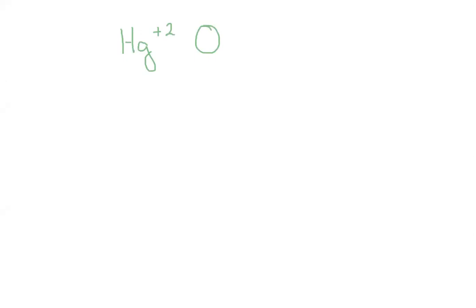And oxygen, if you look on your periodic table, has a charge of -2. So mercury oxide is HgO.